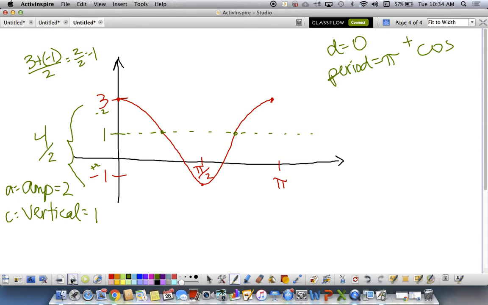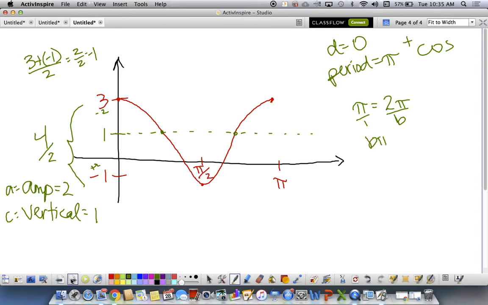What about your B? How are we going to solve for B? The period always equals what? 2 pi over B. You have to solve for B. Can everybody solve for B? Cross multiply, whatever.